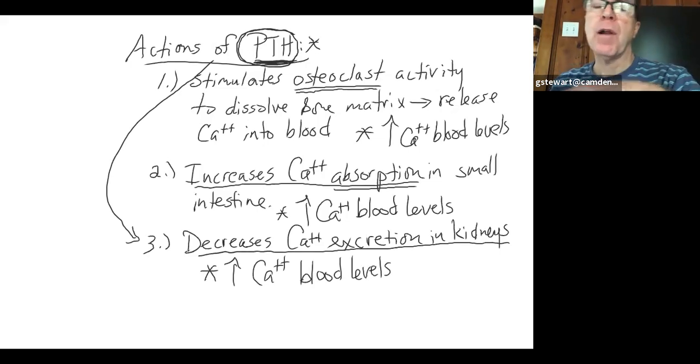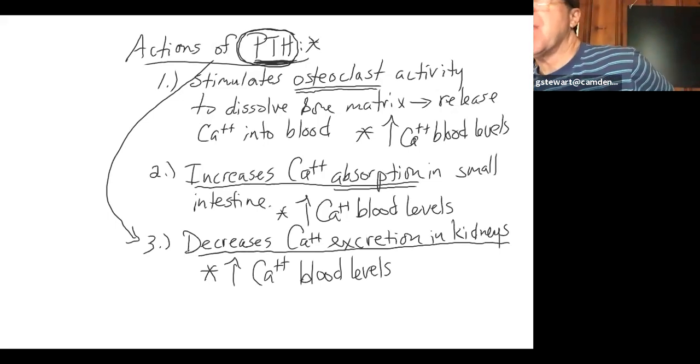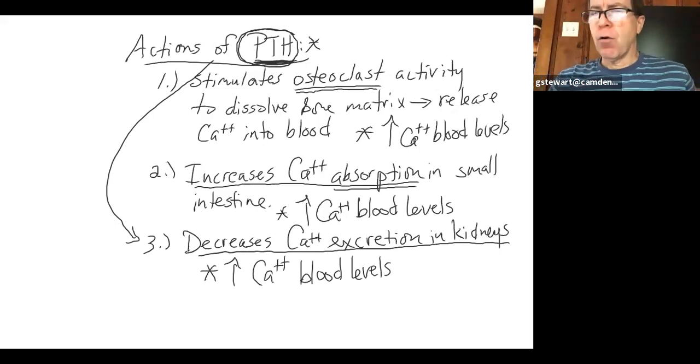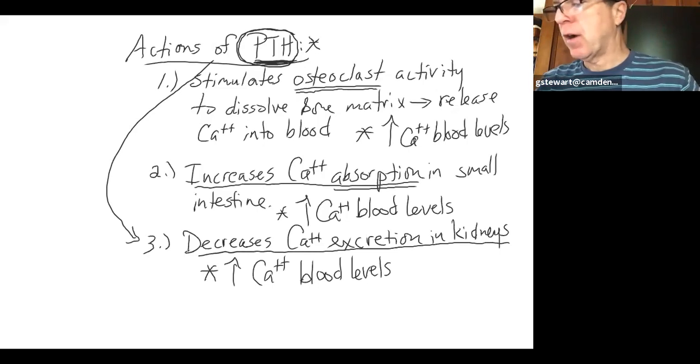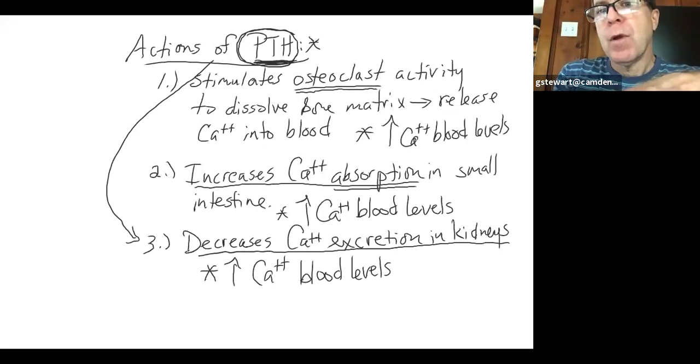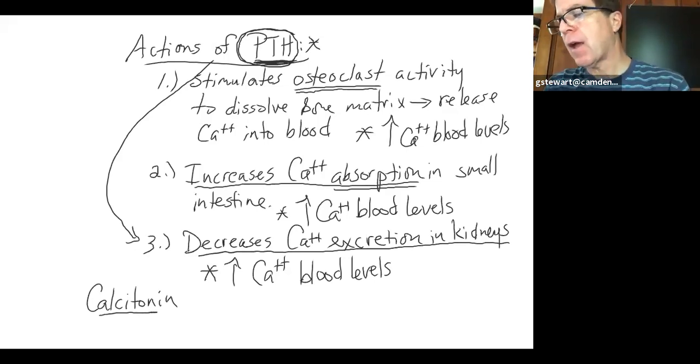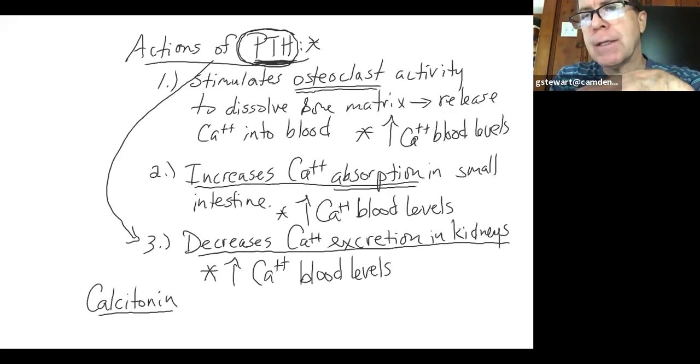So parathyroid hormone is probably the major player in hormonal regulation of calcium levels. Calcitonin is a different hormone, and we're not really sure what it does. It doesn't have a huge impact on blood levels of calcium, but all textbooks always mention it. Calcitonin is actually released by the thyroid gland, not the parathyroid glands.